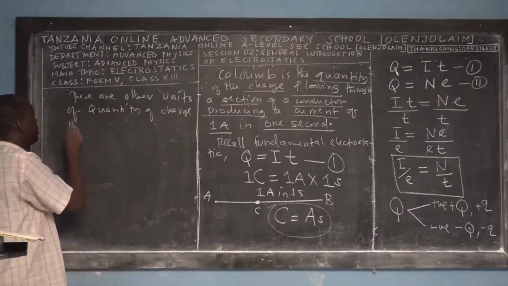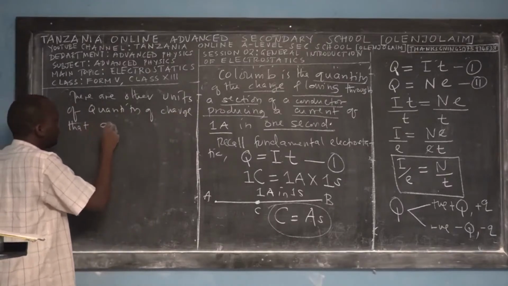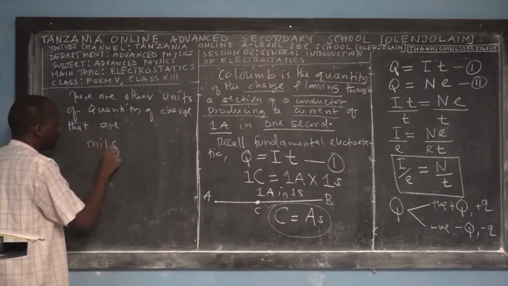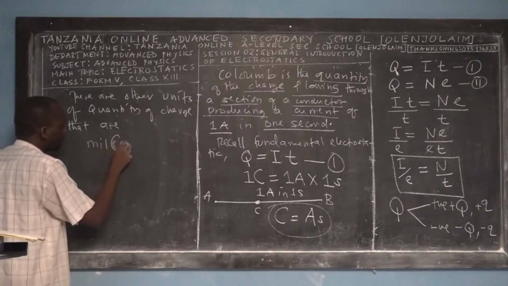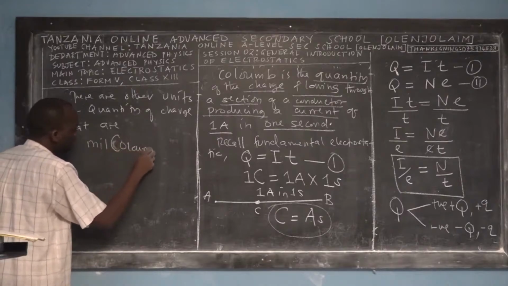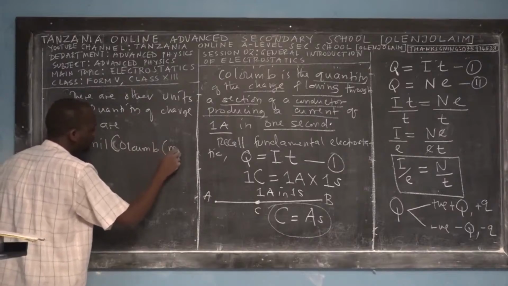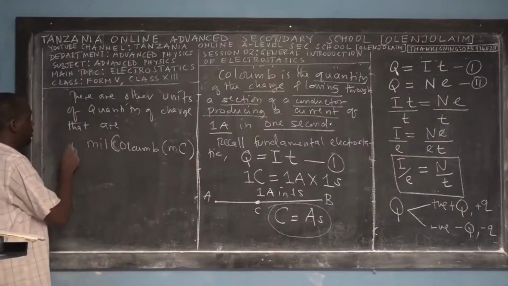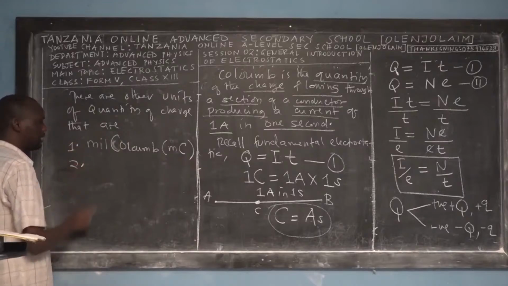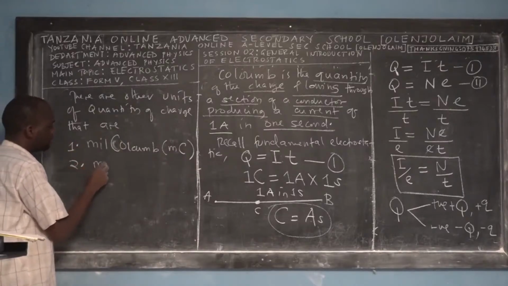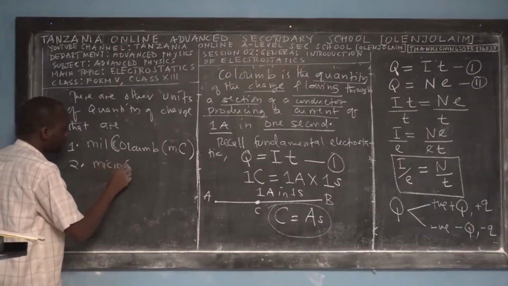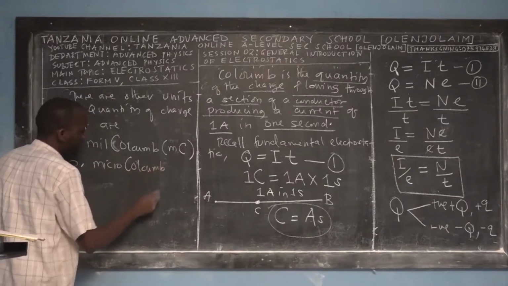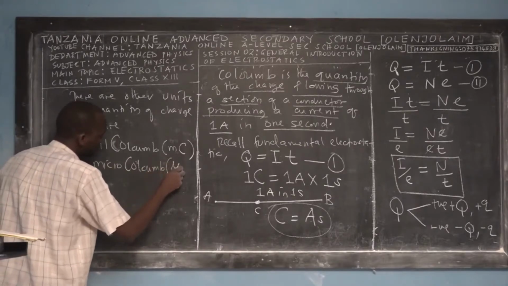The first one is the millicoulomb, which is this one, which actually does not exist in many cases, but we also have the microcoulomb, which is written like this.